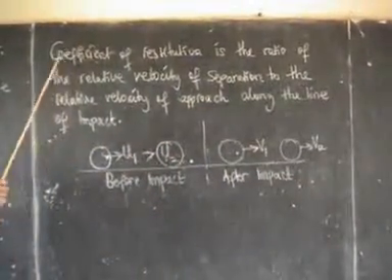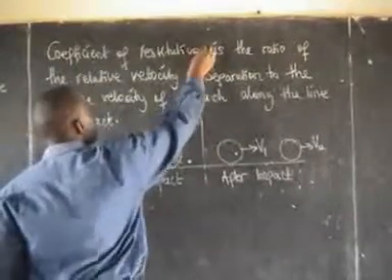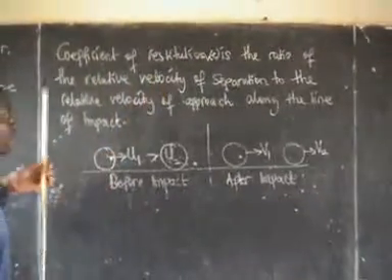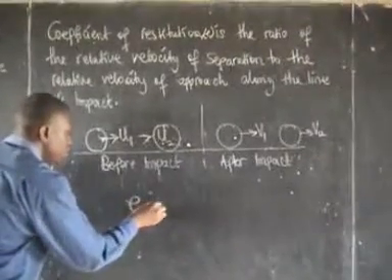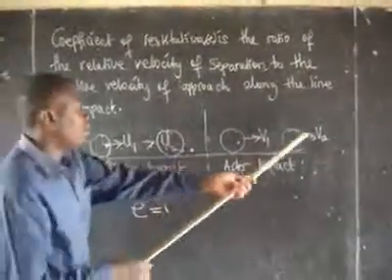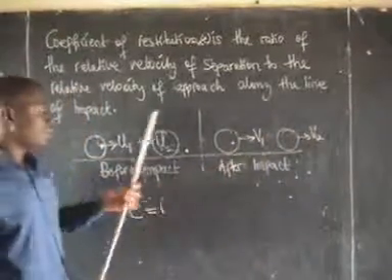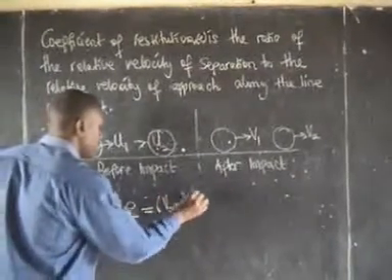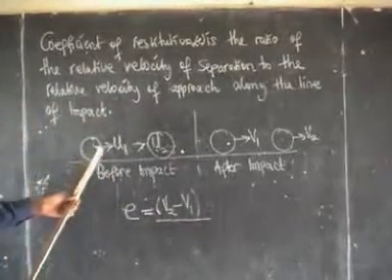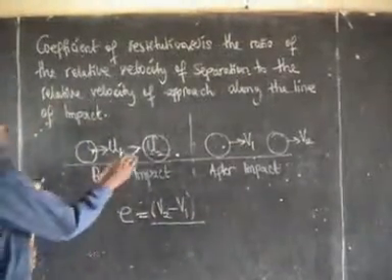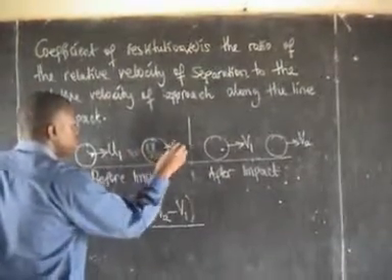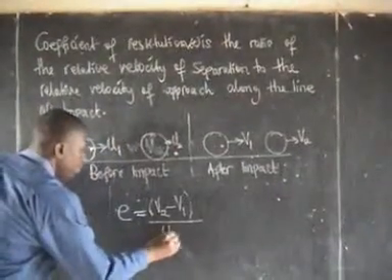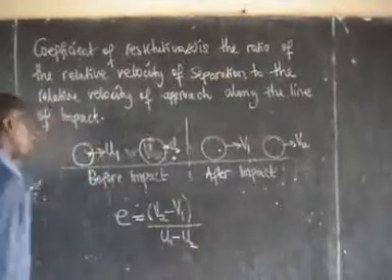Now from the definition of our coefficient of restitution, which we are going to abbreviate as E, the ratio of the relative velocity of separation, E is equal to V2 minus V1, since V2 must be greater than V1, divided by U1 minus U2, since U1 is greater than U2.